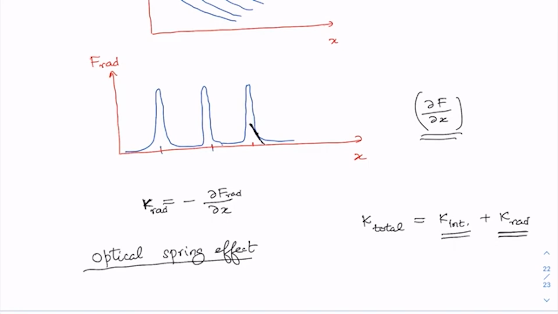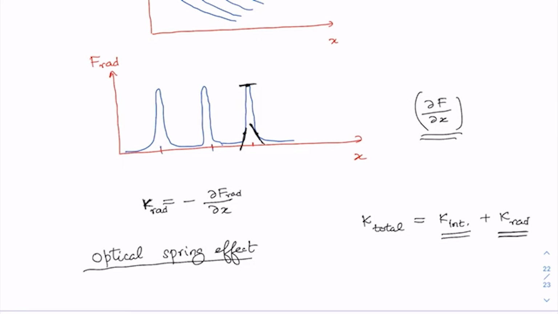However, as you see, if the mirror is at another position, for example at this position, then we have zero spring constant due to the radiation pressure force, or we can even have a reduced spring constant. Suppose our position of the mirror is here, then as you see the slope is positive.